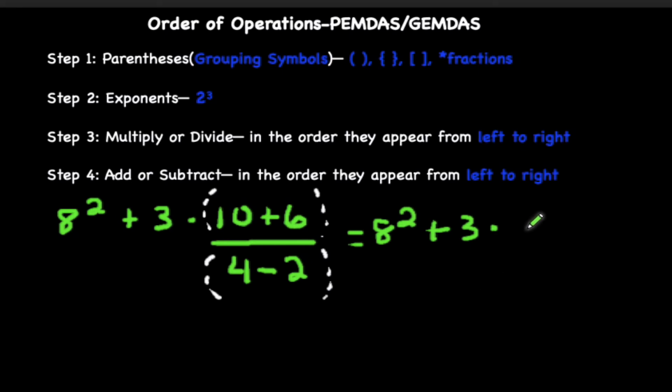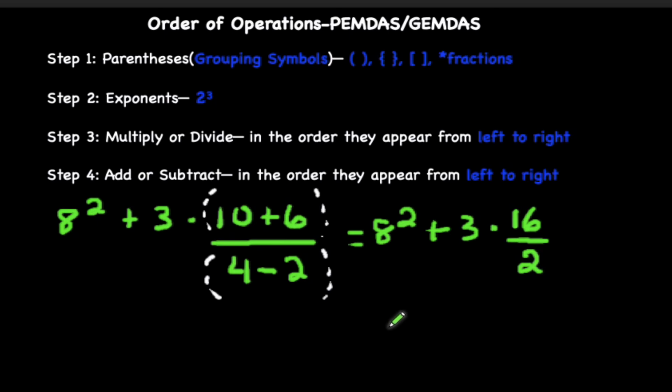As you know, 10 plus 6 is 16, divided by, and 4 minus 2 is 2. I wanted to get that out of the way first. Now we can go back and continue by following our operations.